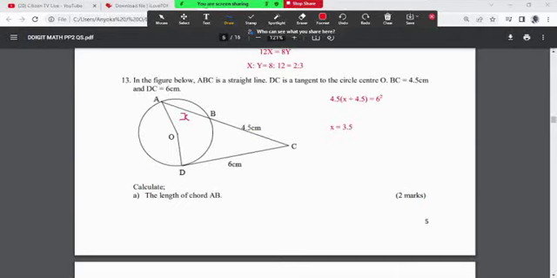There is a relationship that we know when we are using the tangent, the intersection of a tangent and the extension of a chord.